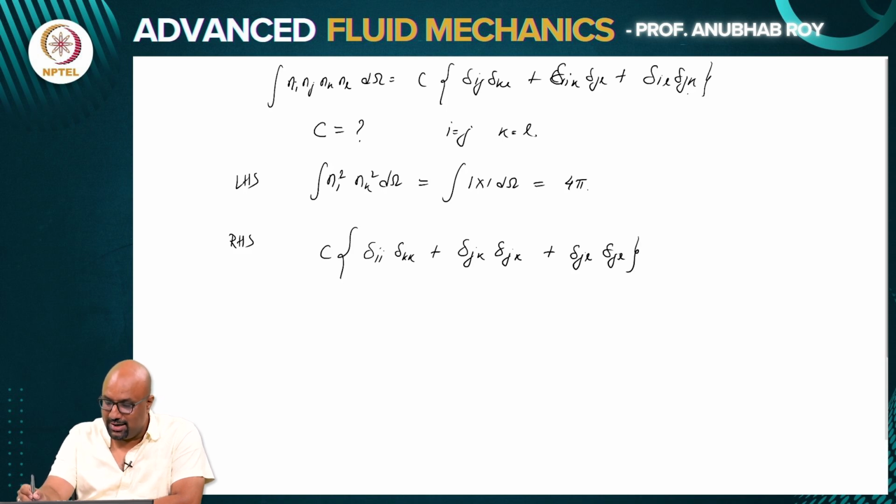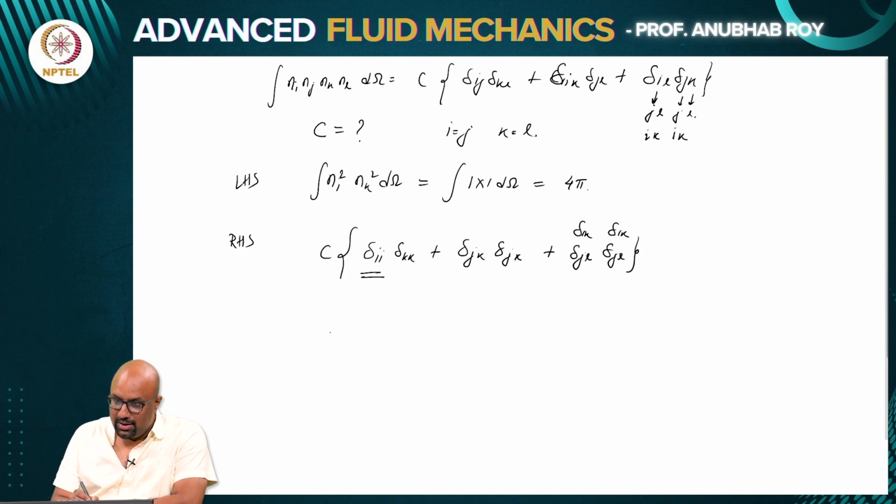So basically you are saying i is equal to j. So what I did here, I made this as j and I left l by itself, and here j was left by itself and k was basically switched to l. You could have done the other way. You could have said i is left by itself, l basically becomes k. So j is now switched to i and k is left by itself. So it's one and the same. You could write this as delta ik delta ik. Now delta ii, as we saw earlier, is the trace of the identity tensor, so it should be 3.